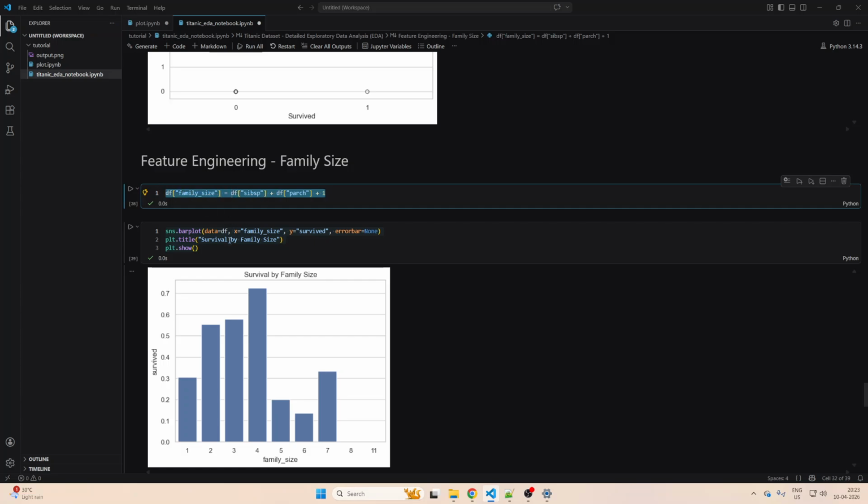With that we can calculate the family size and then plot the survival. Each value is the average value of survived or not. So you can see as the family size increases, their survival possibility has increased, but it falls after the number of people has increased beyond 4 people.